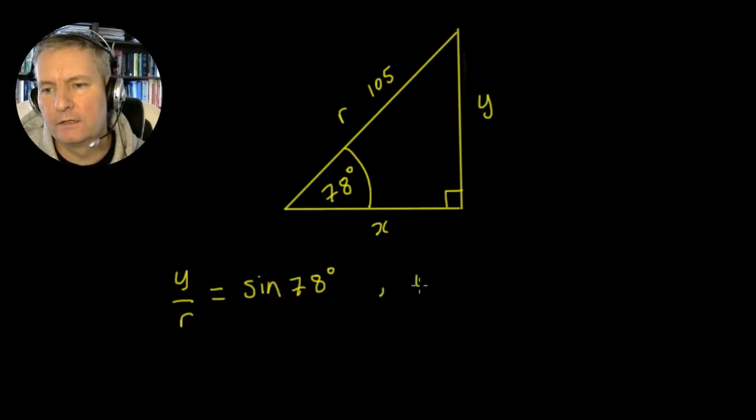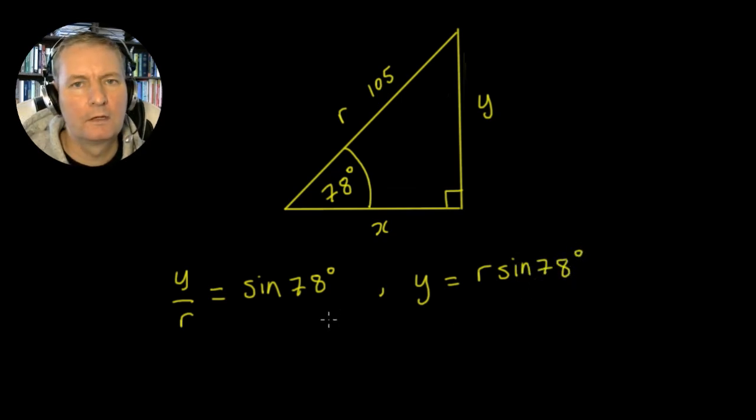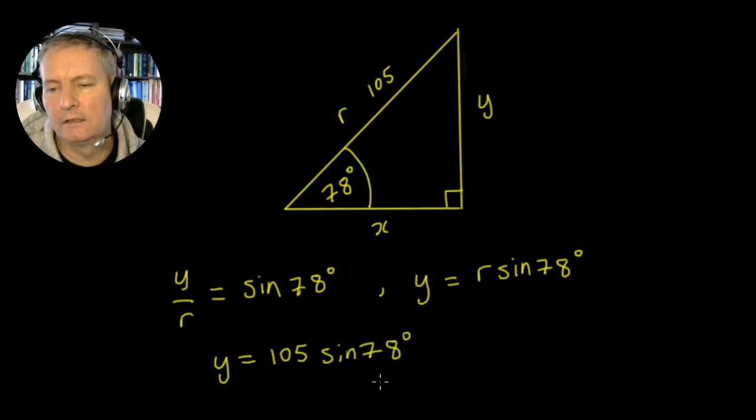So therefore we can say that the distance y is going to equal r sine of 78 degrees. So we can put our value for r in, so we can say y is going to equal 105 times the sine of 78 degrees.